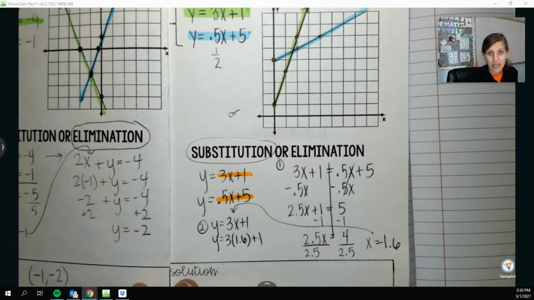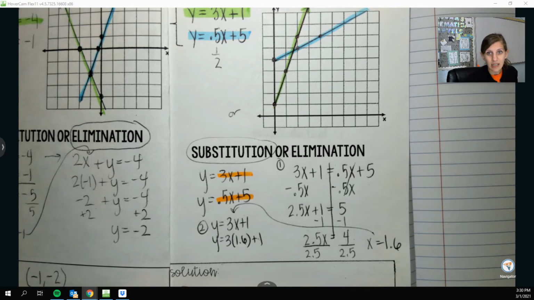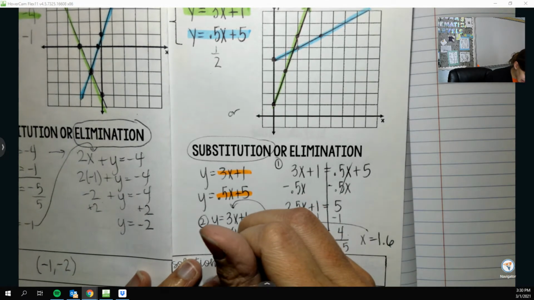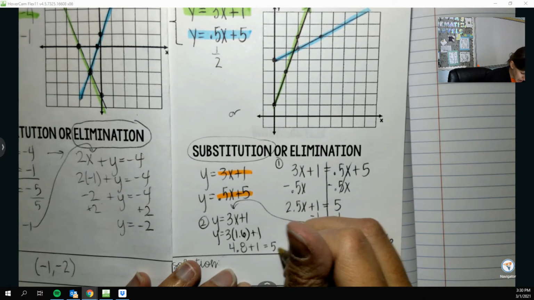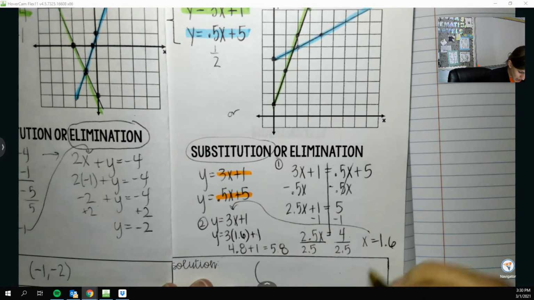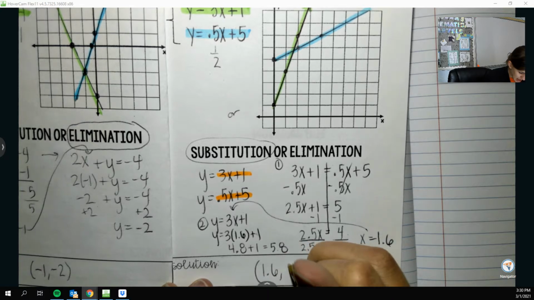And 3 times 1.6 is, oh my gosh, 4.8. Duh. Sorry, decimals are not my thing. So 4.8 plus 1 is 5.8. So my solution is 1.6, comma 5.8.